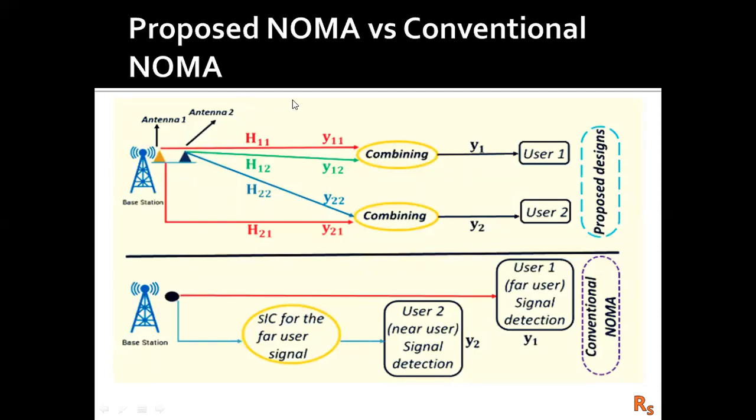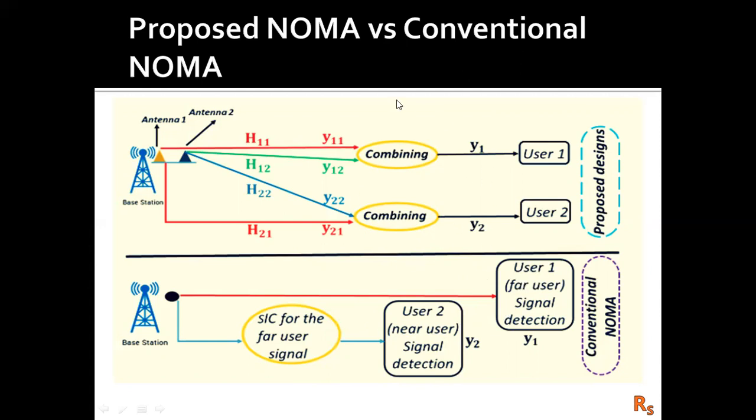The proposed NOMA versus the conventional NOMA. Here is a depiction of the proposed NOMA with the conventional NOMA. You can see that the proposed NOMA transmits the data in dual transmission and it is combined at the receiver, whereas in the conventional NOMA, there is successive interference cancellation and power sharing, which degrades the signal.